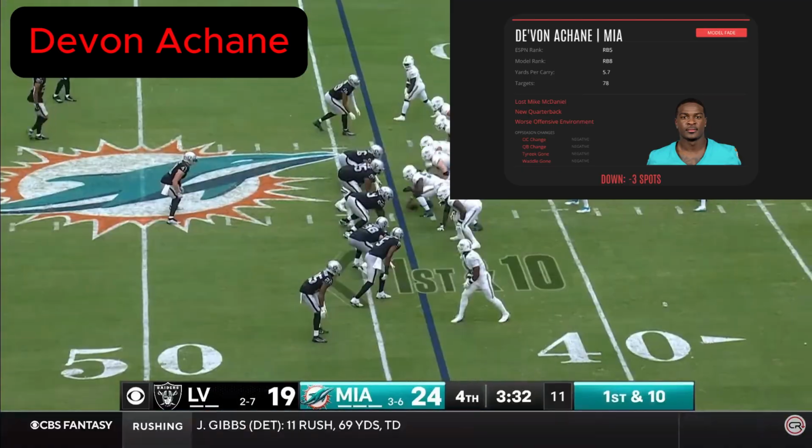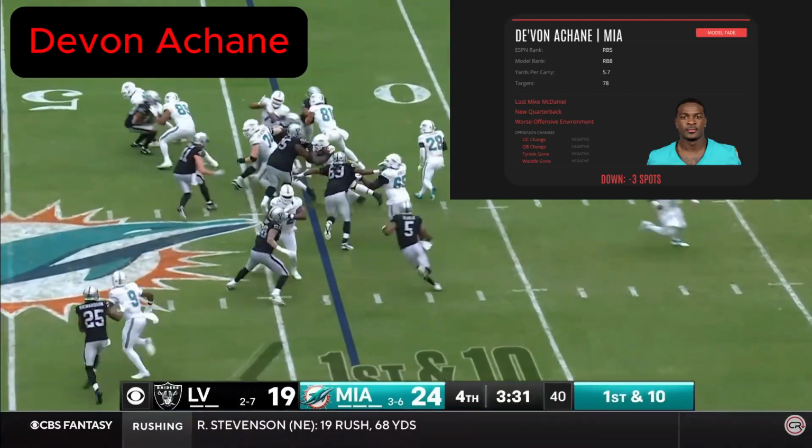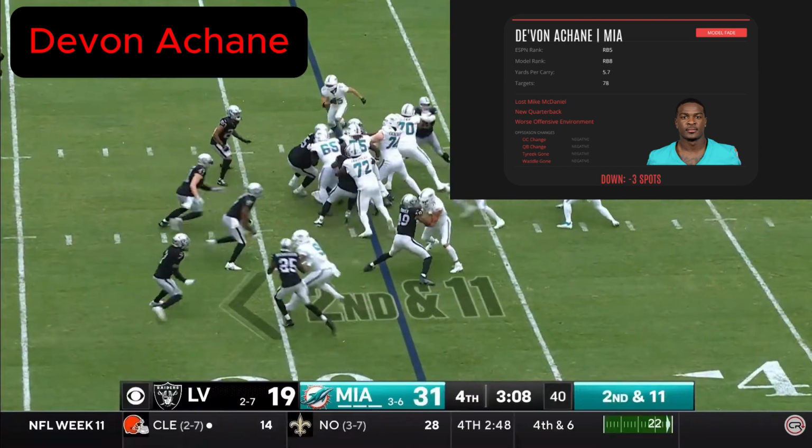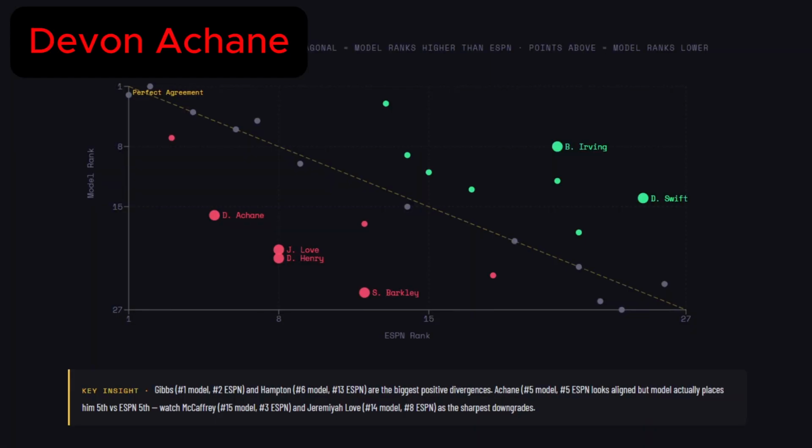Achane's physical talent hasn't changed. He's still very good. But the quarterback, the offensive coordinator, and the weapons around him completely changed. You can see in this graph here, we have the ESPN rank compared to the model rank. And we're looking at some names here that we're going to get into possibly later. But when talking about De'Von Achane, the model does not agree with the ESPN rank.